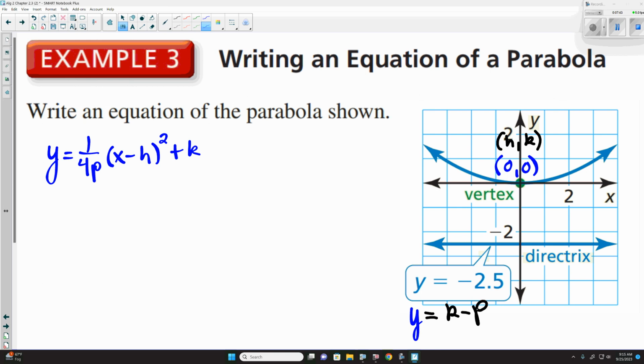So for us here, our value of h is 0. Our value of k is 0. But we still need to find out what the value of p is. And what we're saying is k minus p is negative 2.5.